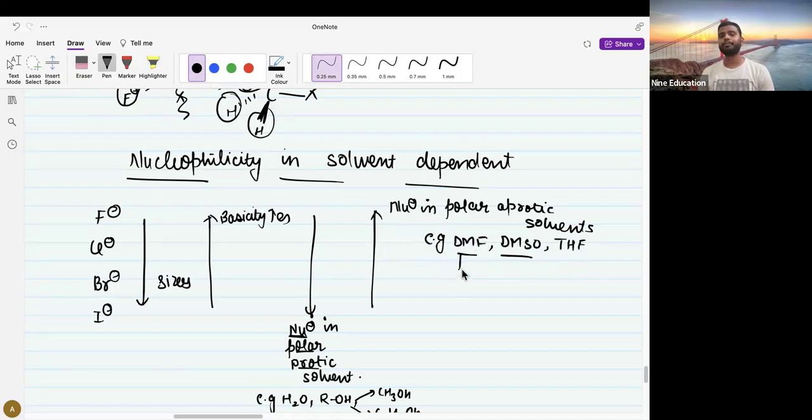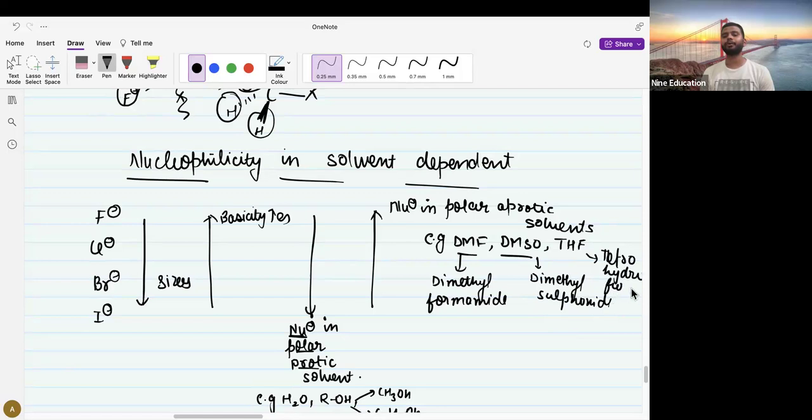DMF is dimethyl formamide, DMSO is dimethyl sulfoxide, and THF is tetrahydrofuran. Always remember this.